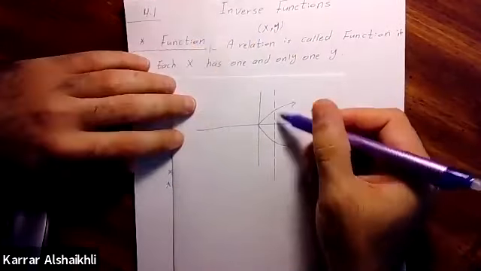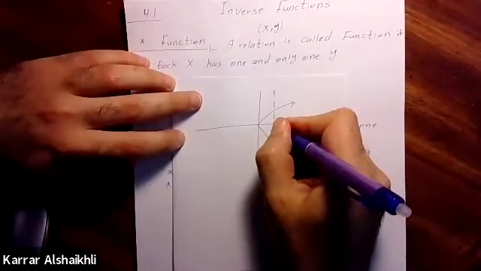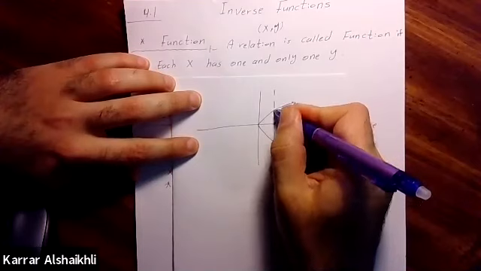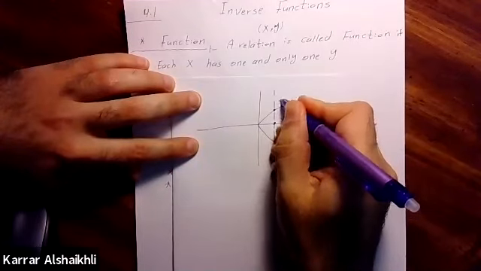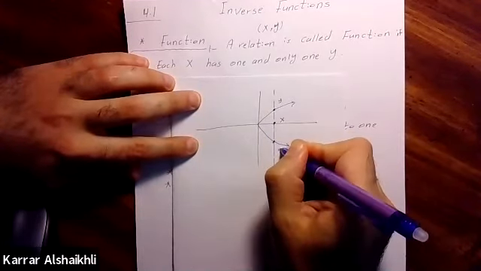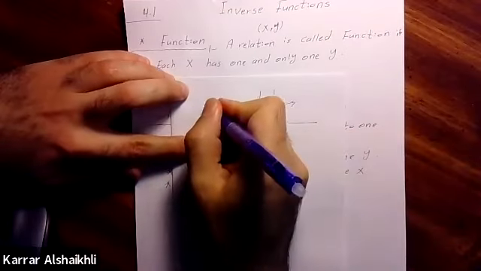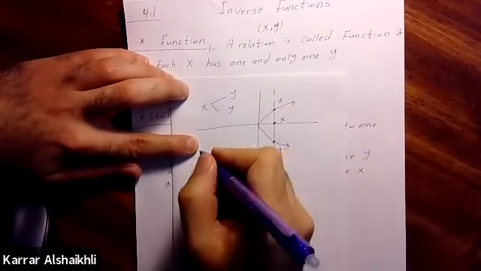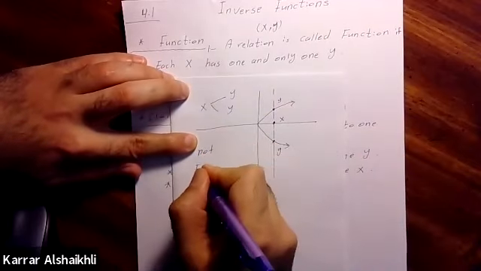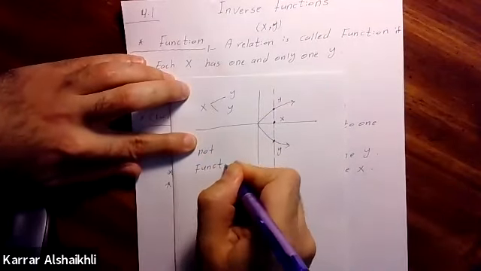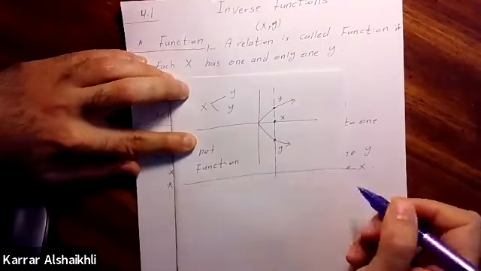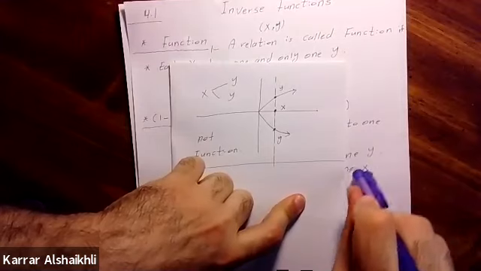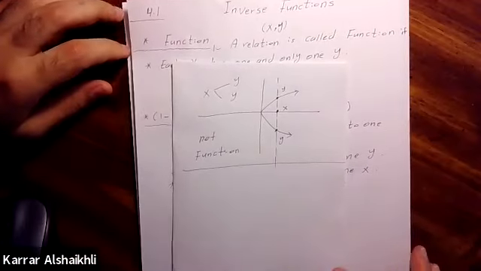So I graphed the horizontal line test. At this point, this is the x. This is the x goes to, here's the first y, and here's the second y. That means I have an x goes to two y's at the same time. So this is not a function.